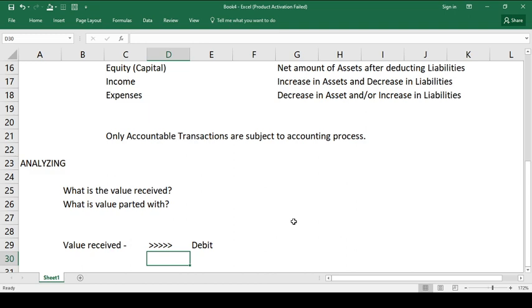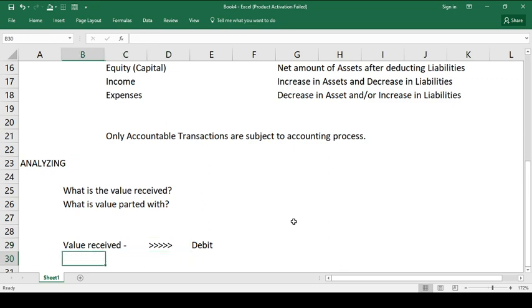I am not quite sure if it is Greek or Latin, but the origin of that word is the word deberi, which stands for value received. Kaya nga, sinasabi po natin that those debited are those values that we receive. Those are the debits.